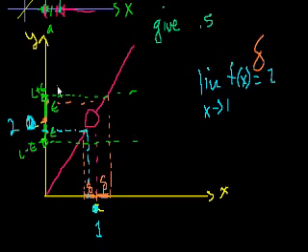This means that you could give me any number. Let's say you want to try it out for a couple of examples. Let's say you say, I want f of x to be within 0.5 of 2. So I want f of x to be between 2.5 and 1.5.